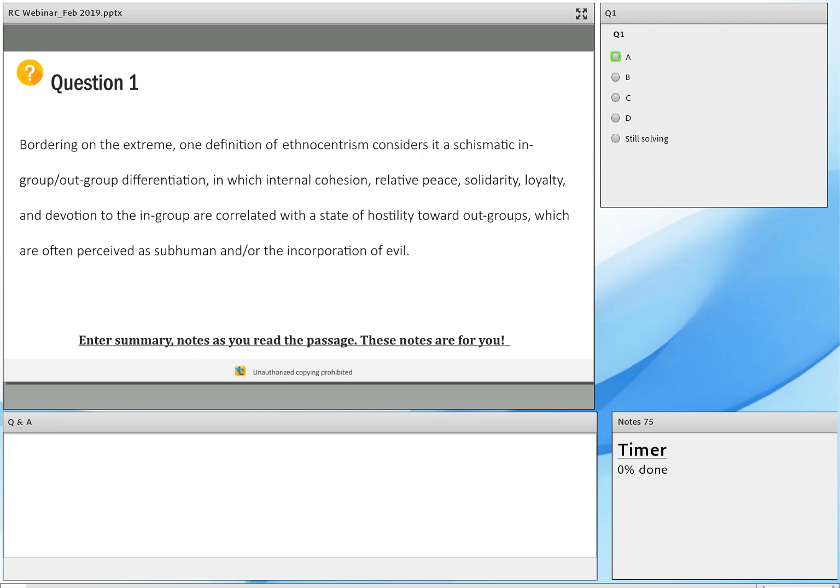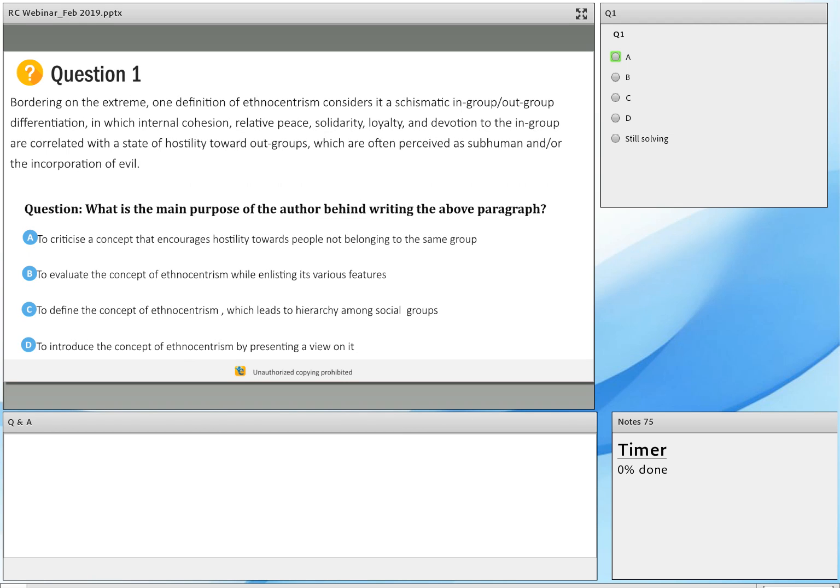All right, here are the options again. Read slowly, check the correct answer.